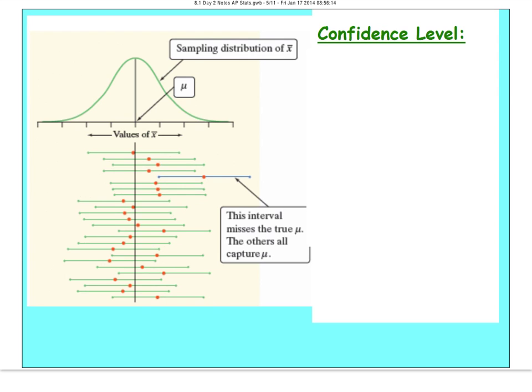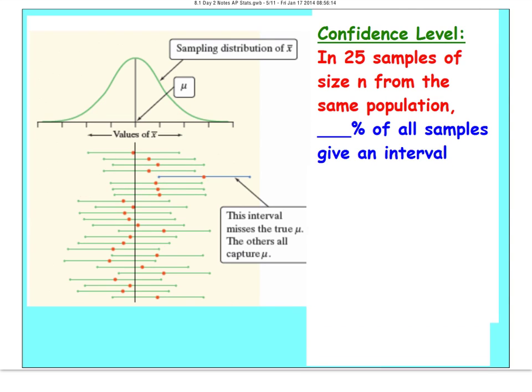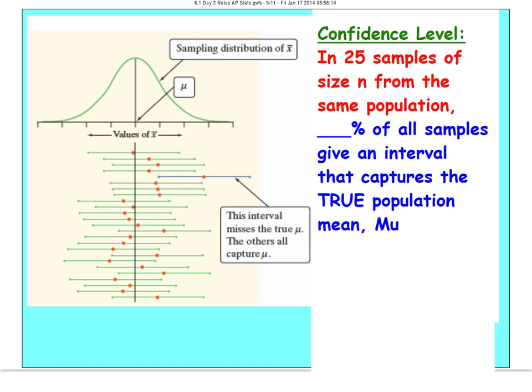So if we put the vocab to it again, what confidence level is, the best way to describe it is, in this case, we have actually 25 samples that we see to the left. So in 25 samples of size n from the same population, X% of all samples give an interval that captures the true population mean mu.